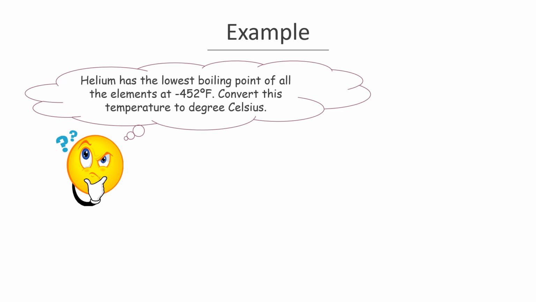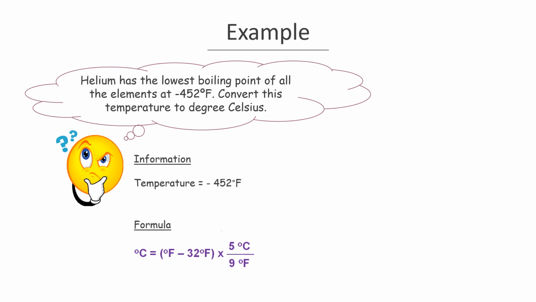The question given here: helium has the lowest boiling point of all the elements, at minus 452 degrees Fahrenheit. Convert this temperature to degrees Celsius. First we extract the information. The temperature given is minus 452 degrees Fahrenheit, and the formula is degree C equals, in bracket, degree Fahrenheit minus 32 degree Fahrenheit, times 5 degree C over 9 degree Fahrenheit.